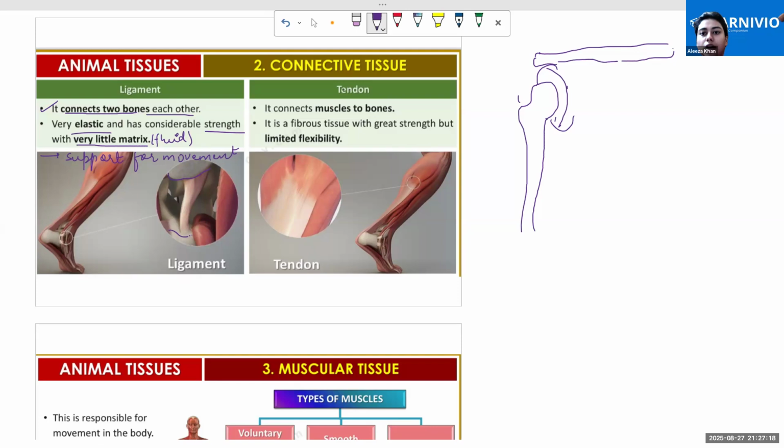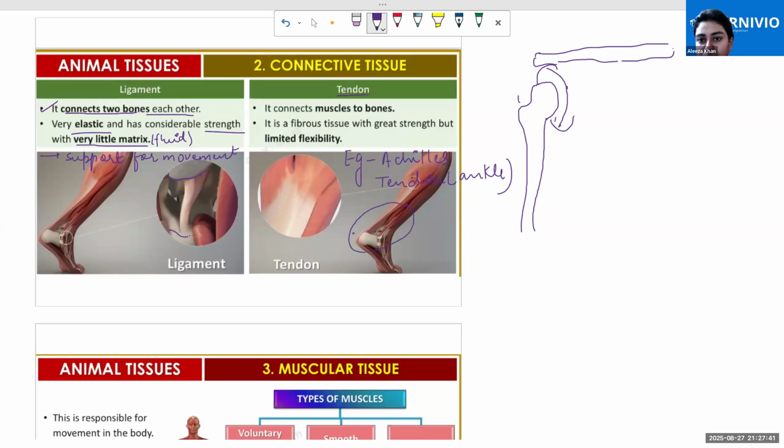Now coming to the tendon. One example I want to give you is the Achilles tendon. You can find it at your ankle.